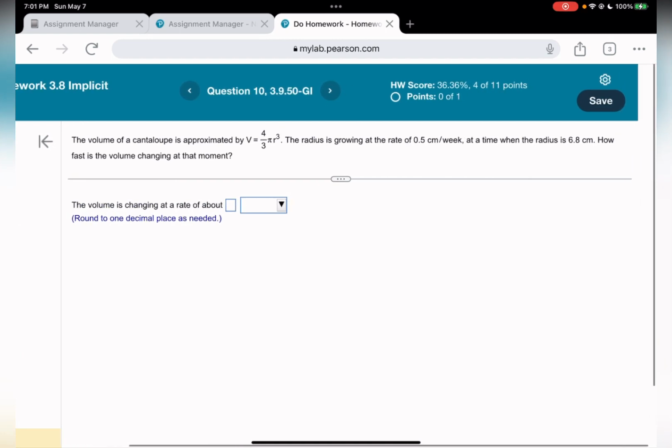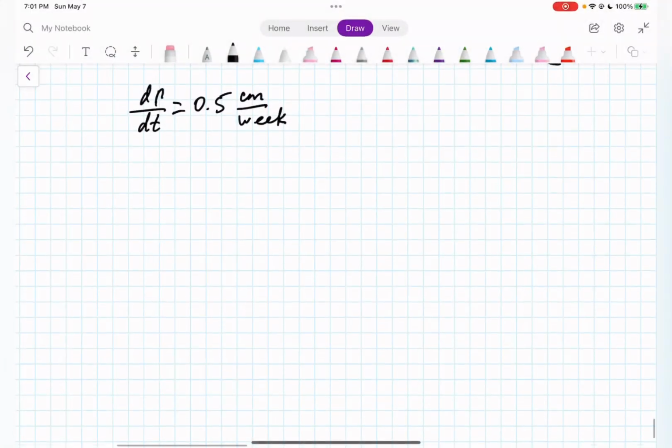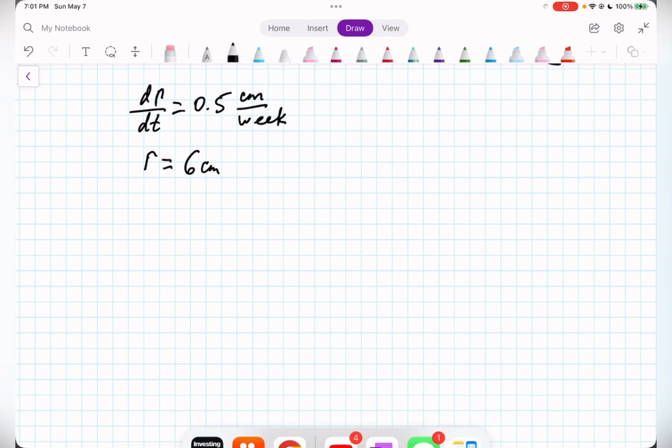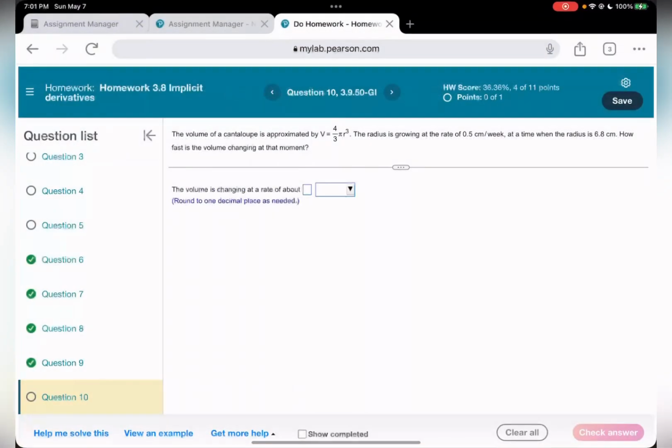At a time when the radius is 6.8 centimeters, how fast is the volume changing at that moment? Okay, let's start working on it.